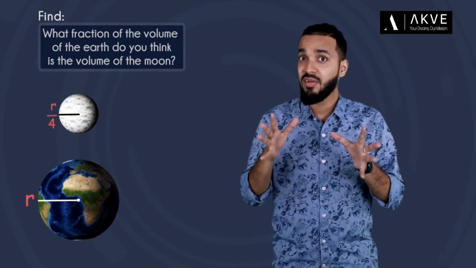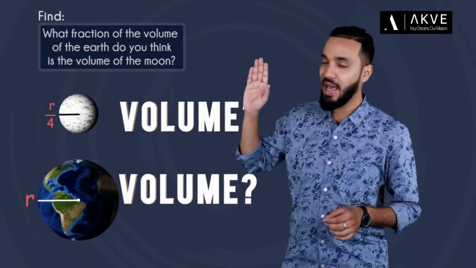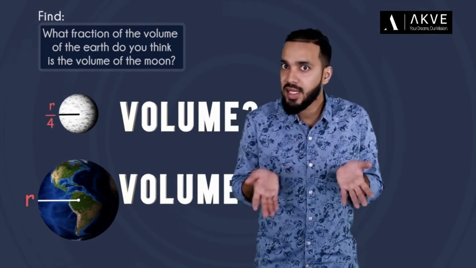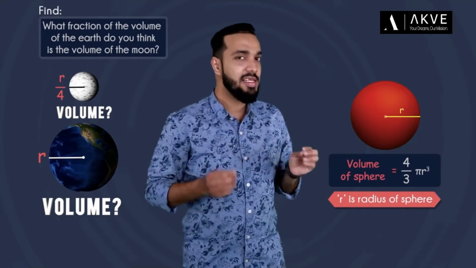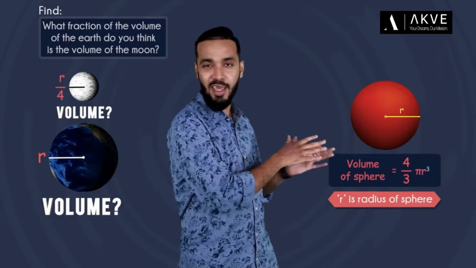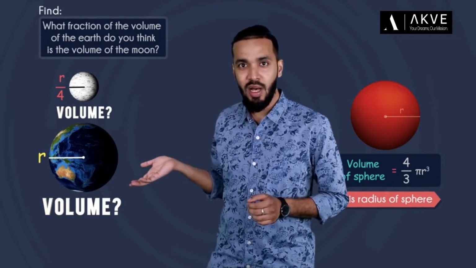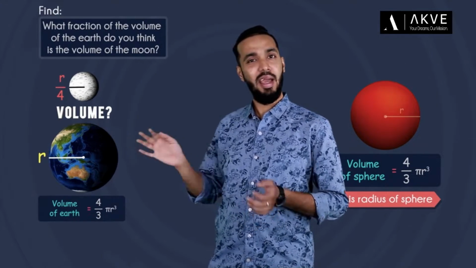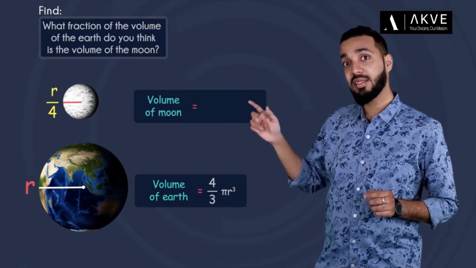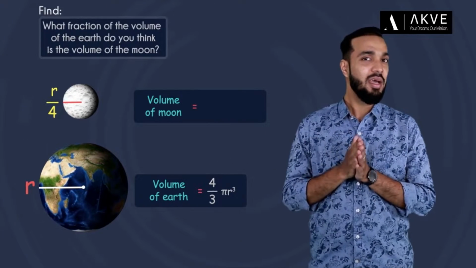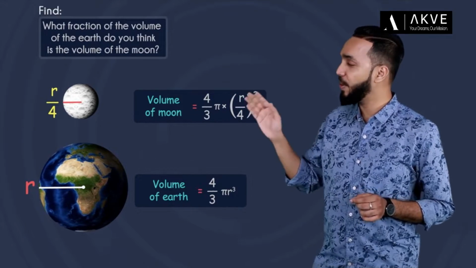So, now that we have the radius of each of the two spherical bodies, let's find their volumes. We just learned that the volume of a sphere of radius r is 4 by 3 pi r cube. Then, the volume of the earth, whose radius is r, would be 4 by 3 pi r cubed, and the volume of the moon with radius r by 4 would be 4 by 3 pi into r by 4 whole cube.